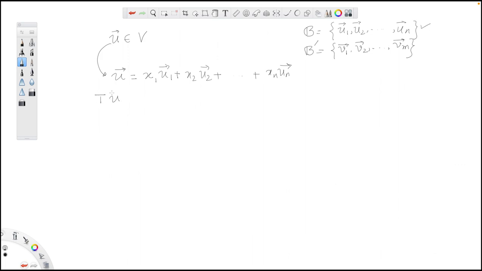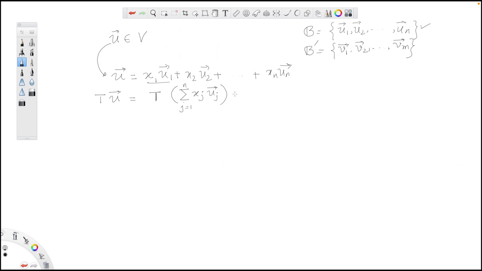Now I write T acting on u, that is nothing but T acting on this expression, which I write using sum notation as the sum of expressions xj uj where j runs from 1 to n.